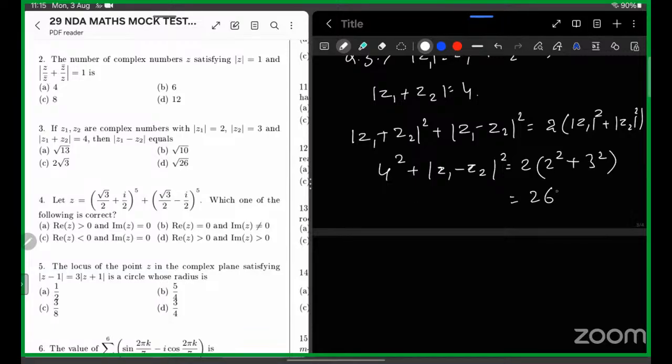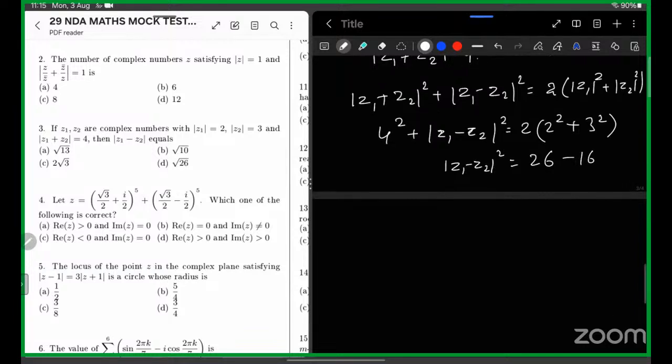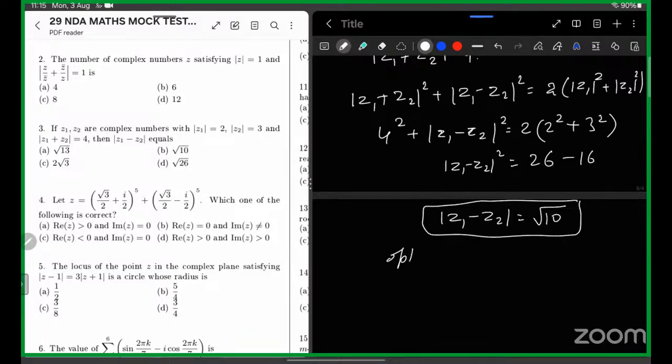And 16 will go to the right hand side, minus 16. You are going to get mod Z1 minus Z2 whole square equal to 10. So mod of Z1 minus Z2 is equal to root 10. So is there an option root 10? Option D you can take. Okay.